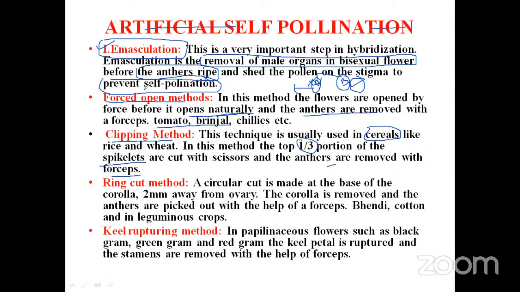Sir, can you tell once again the clipping method? Clipping method is simple. Do you know the cereal plants like rice and wheat? In this method, 1/3 of the spikelet, for example in a rice plant, this is the inflorescence or spikelet.